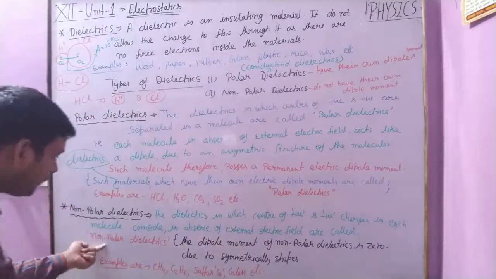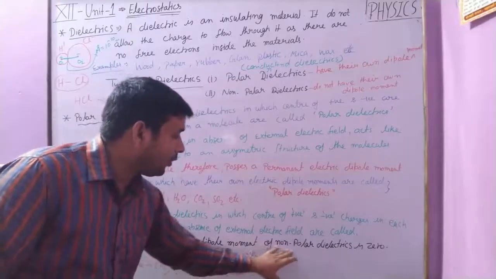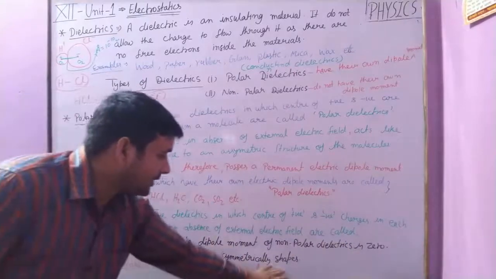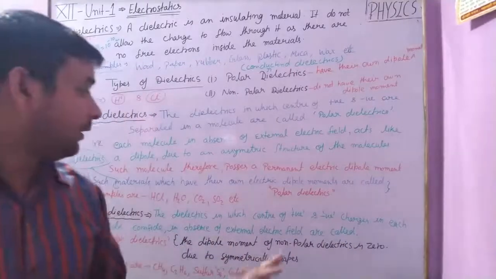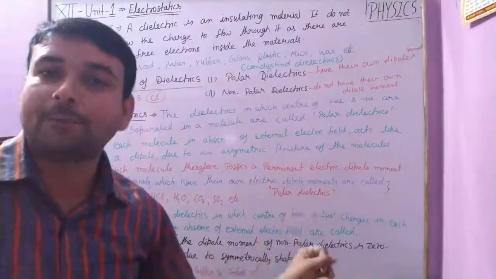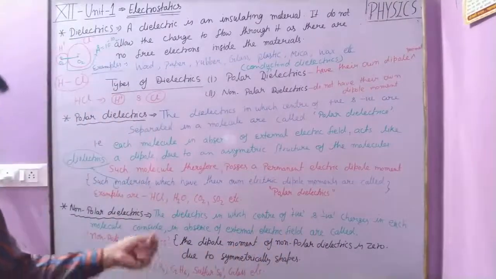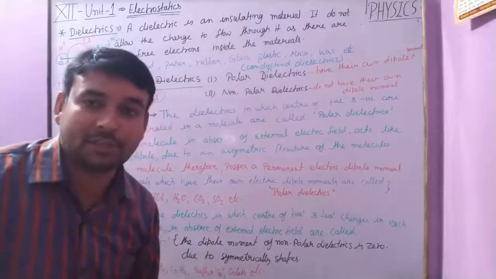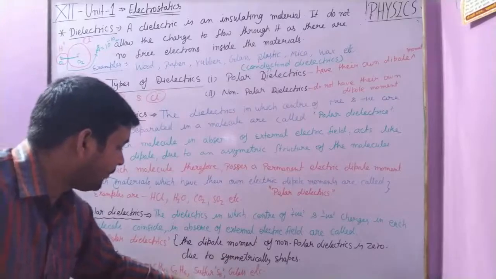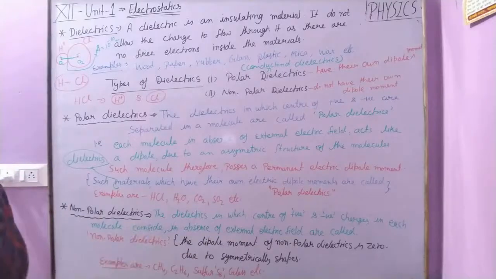That is, in the absence of an external electric field, the electric dipole moment of a non-polar dielectric is zero because of its symmetric shape. For example, methane, ethane, sulfur, glass, etc. are non-polar dielectrics.